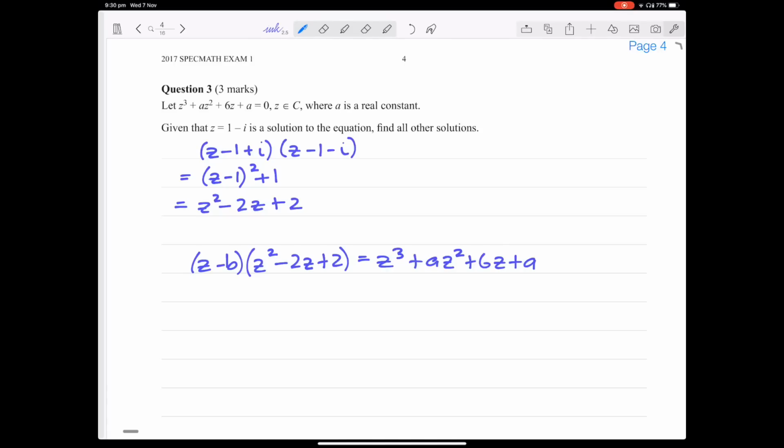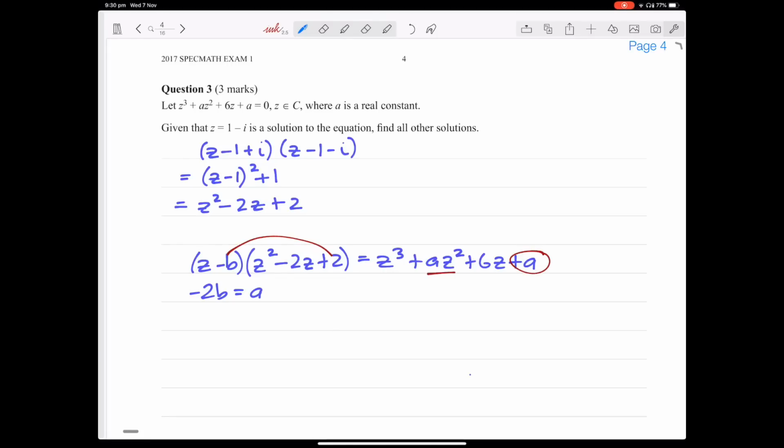So we know negative 2b has to equal a. What else do we know? So that's just from doing those two together. Actually, let's do it in purple. So those two together have to equal that.